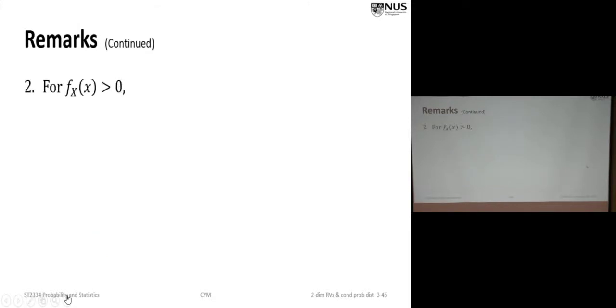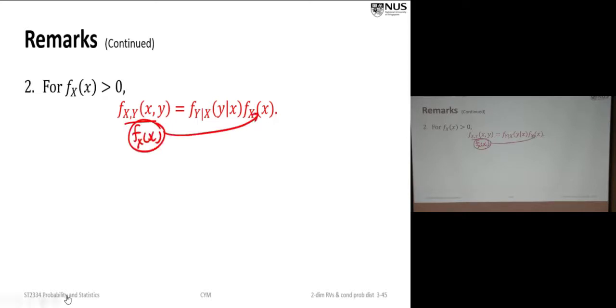And we just make use of the formula. Remember, I just move this to the other side. So the joint distribution can be expressed as a product of two factors.